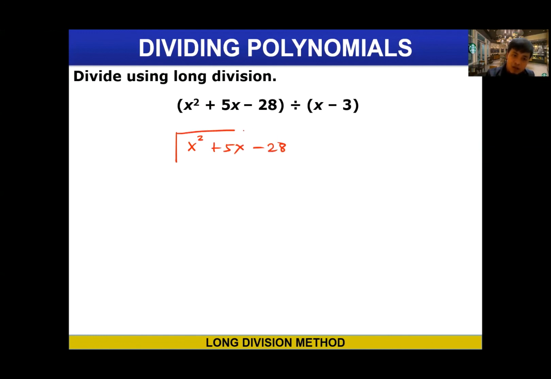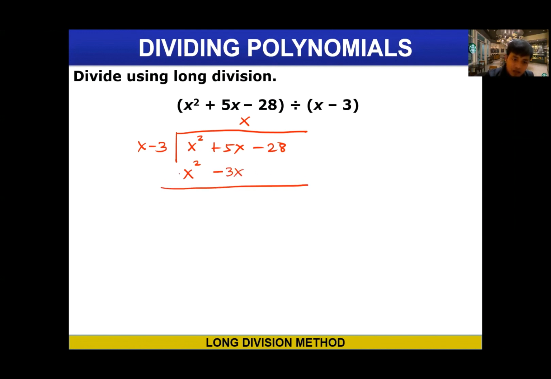And then we draw this. Then x minus 3. So now, if we get familiar already with the process, no need to write here the process in dividing this. So x squared divided by x, it's going to be x. Multiply this, x times x is x squared. X times negative 3 is negative 3x.